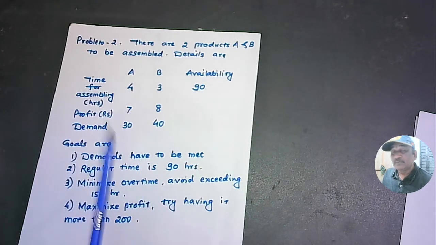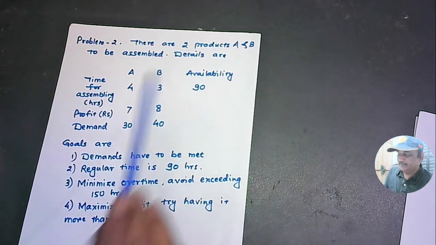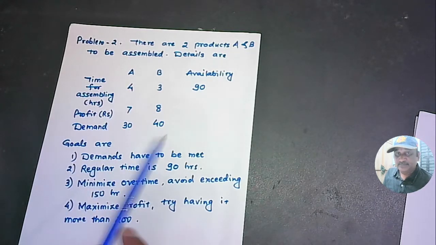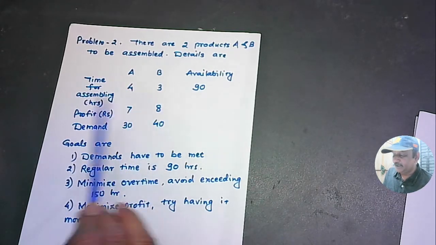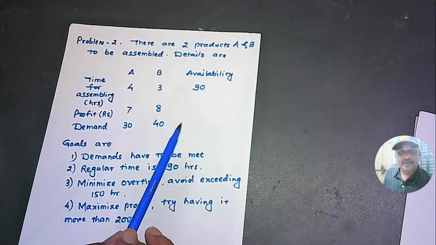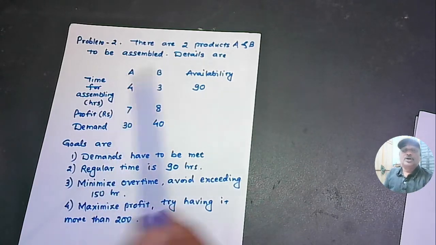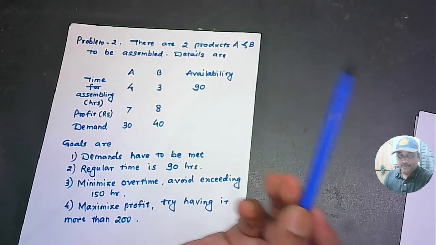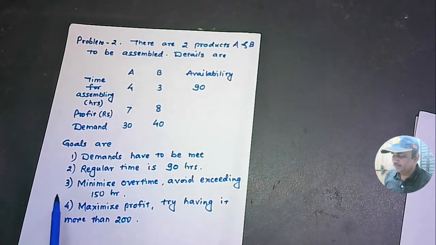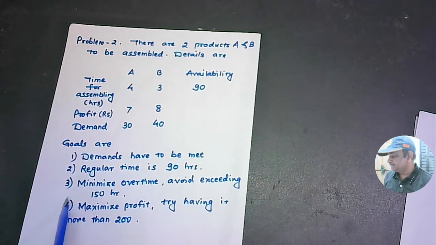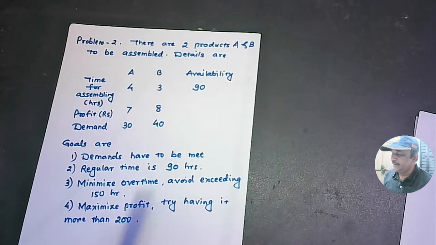So 240 hours are required and your regular time is 90 hours. So it's not feasible to complete the order by doing the operation in regular working hours. You will have to have overtime production. So it is given in the problem: minimize the overtime, avoid exceeding 150.